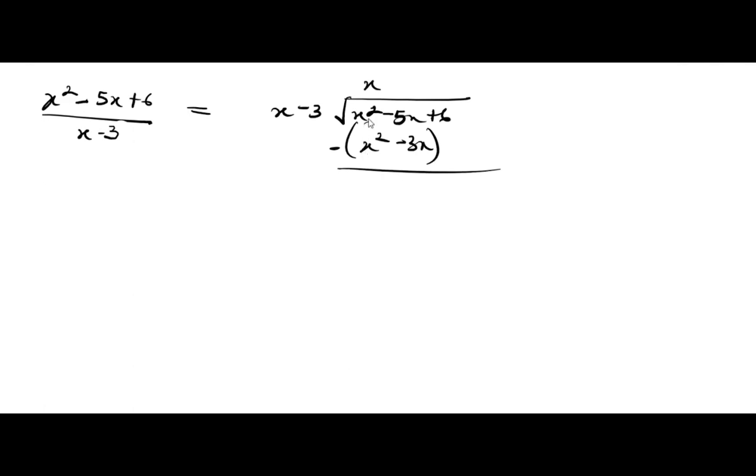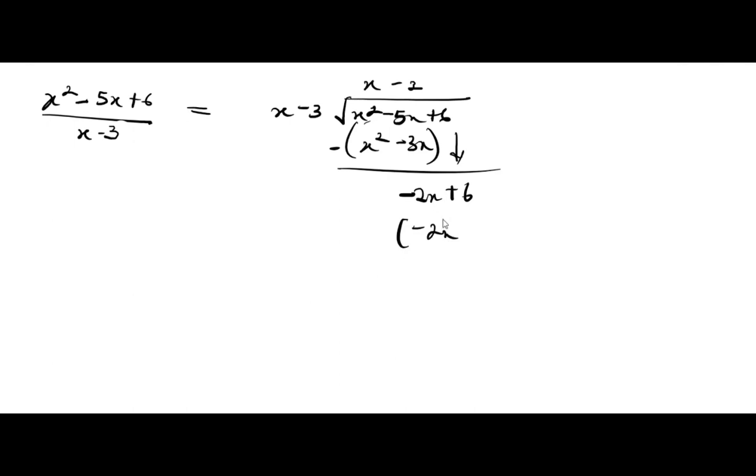We have x squared minus x squared. That will give 0. And you have minus 5x minus minus 3x, so that is minus 5x plus 3x. That is minus 2x. You bring down this plus 6. So you go over again. Minus 2x divided by x, you have your minus 2. Then you have minus 2 times x, you have your minus 2x.